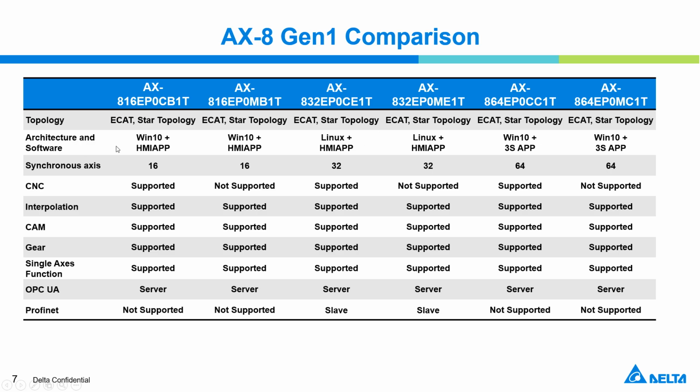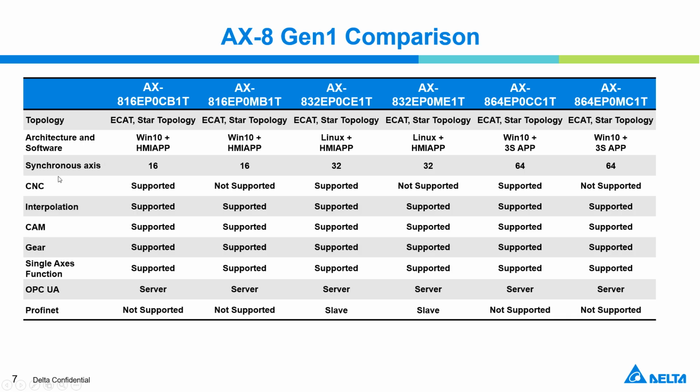And for the architecture and software, the left two are Windows and the HMI app, the middle two are Linux and the HMI app, and the right two are Windows and the 3S app. 3S is the development company, meaning Smart Software Solutions, and the software name is actually CODESYS visualization.